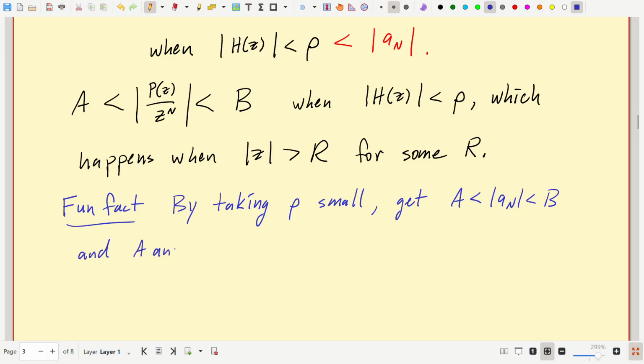A and b can be as close together and as close to modulus a_n as you want. You just might have to make that r bigger.